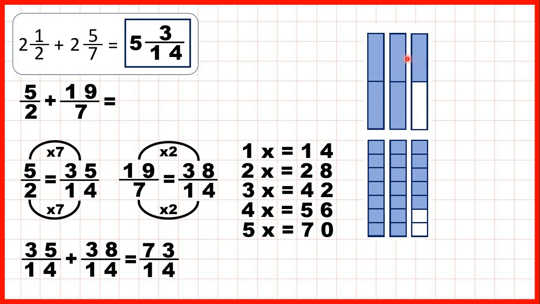So we changed those 5/2 into 35/14 and those 19/7 into 38/14. So putting that together gave us a total of 73/14, but as a mixed number that's the same as 5 wholes and 3/14, so that's our answer.